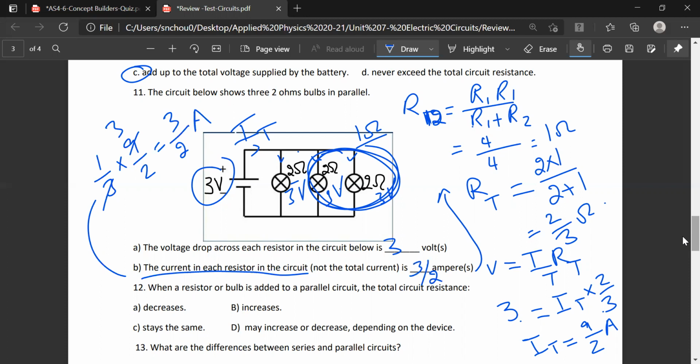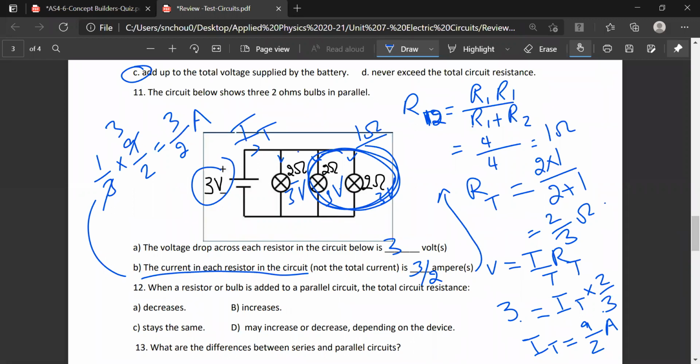The shortcut way that I told you: if you had 3 equal resistors, their total resistance is 1/3 of each. If there are 2 equal resistors, then their total resistance is 1/2 of each. But for that to work, the resistors have to be the same. Any questions so far? This is all your assignment 3-6, what you did.